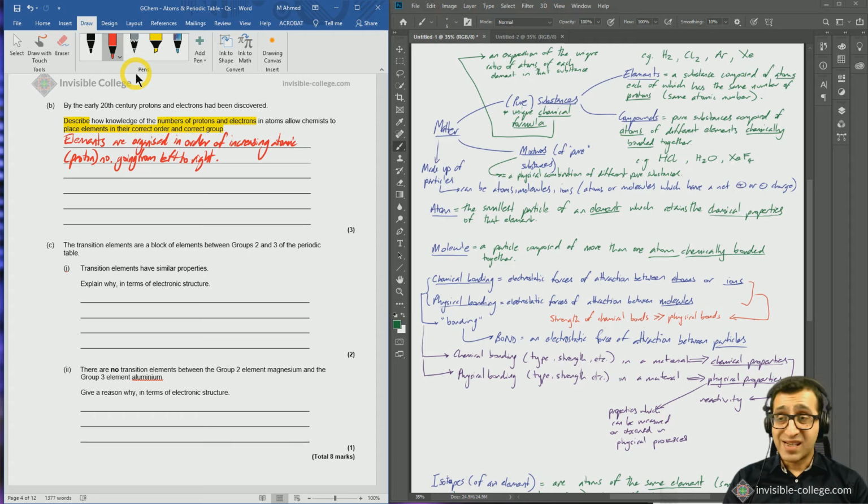That statement alone, because you've described how the elements are being placed in order in terms of protons, gets you the first mark.